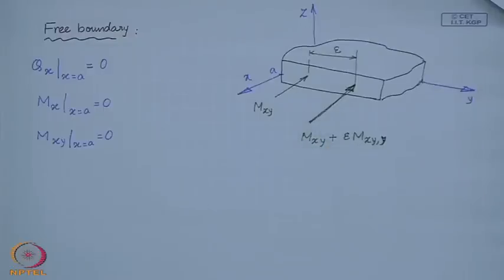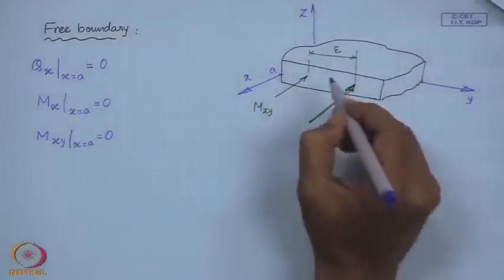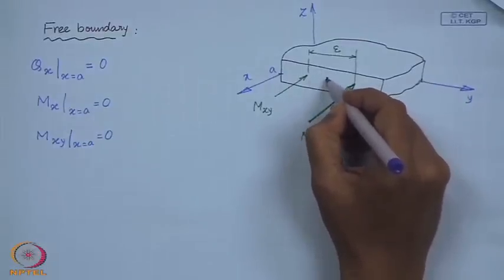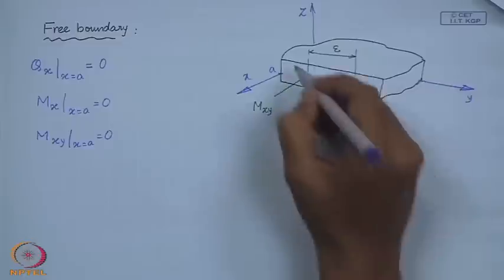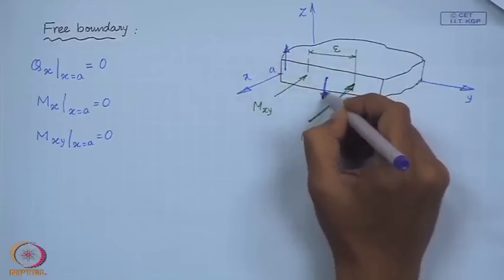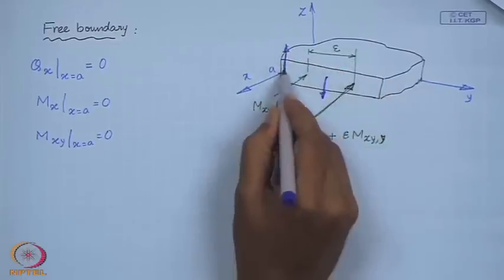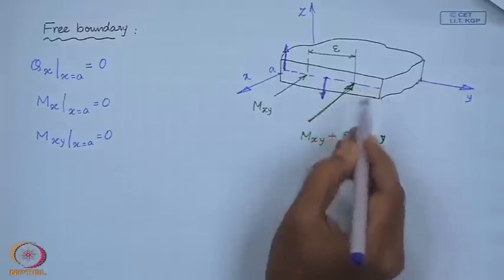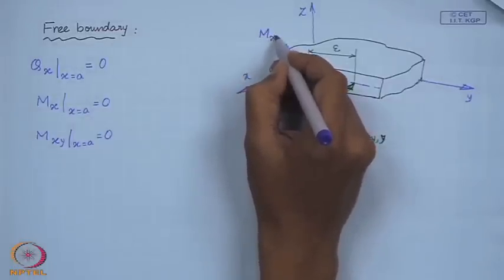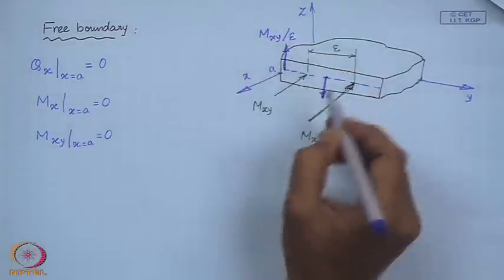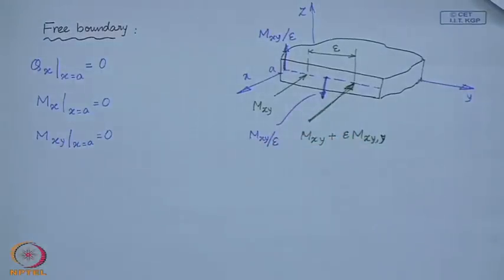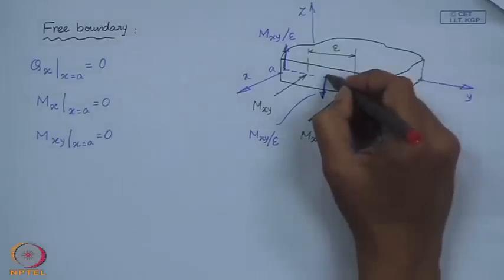Now, this can be equivalently represented as a couple. So, this can be replaced by a couple, and similarly this can be replaced by another couple.